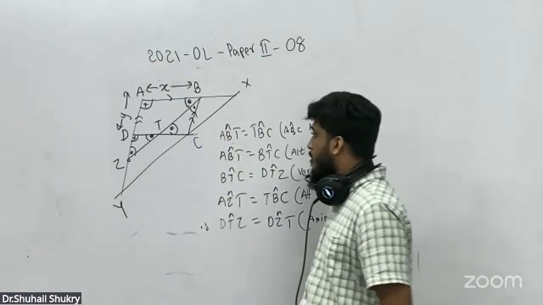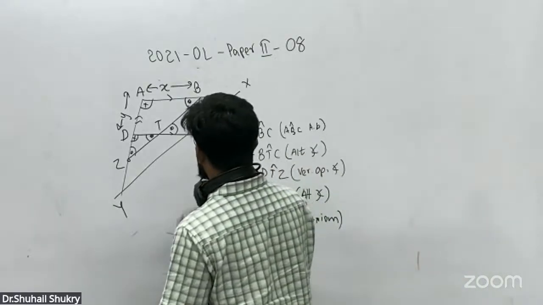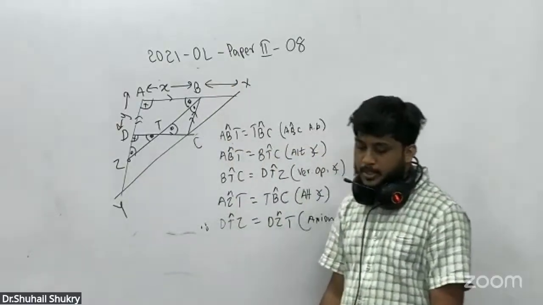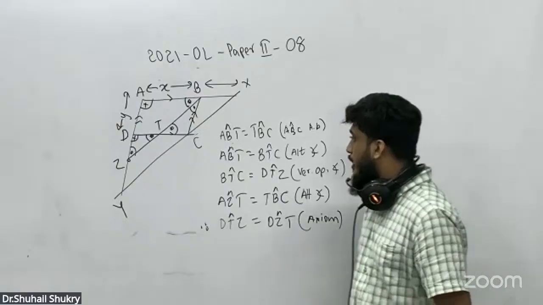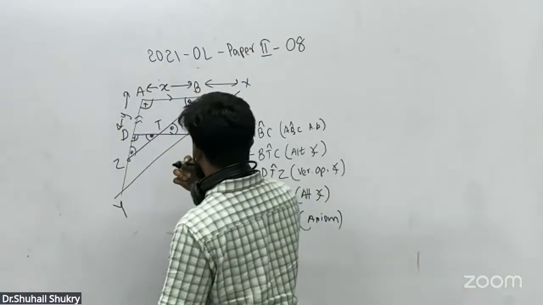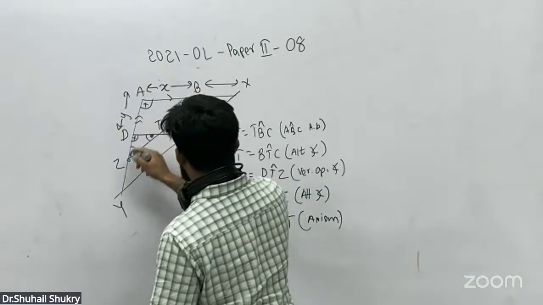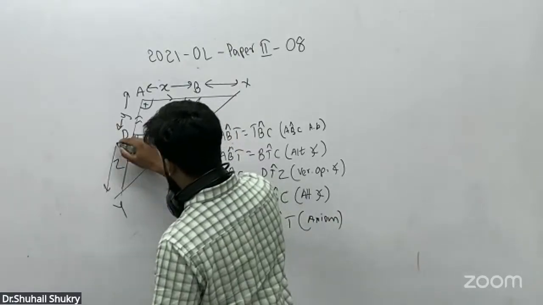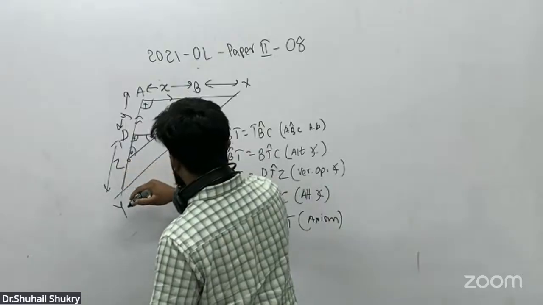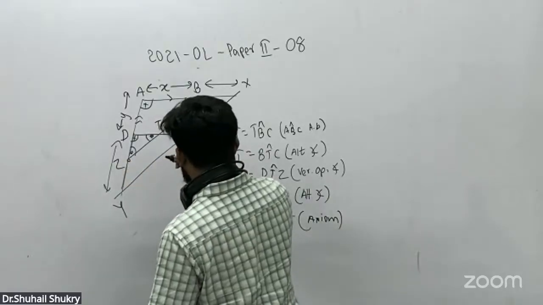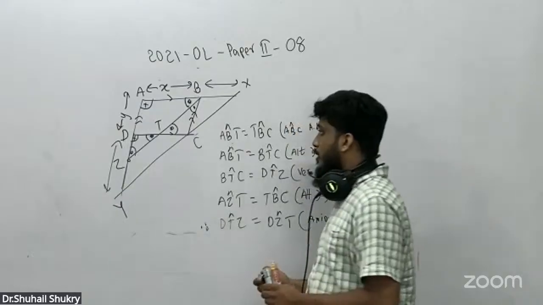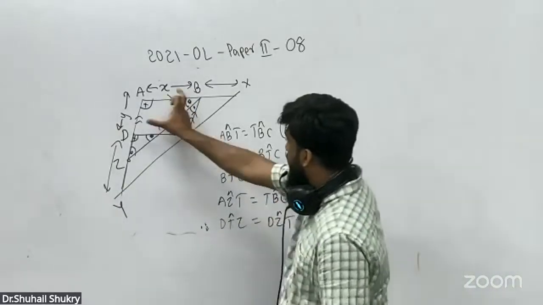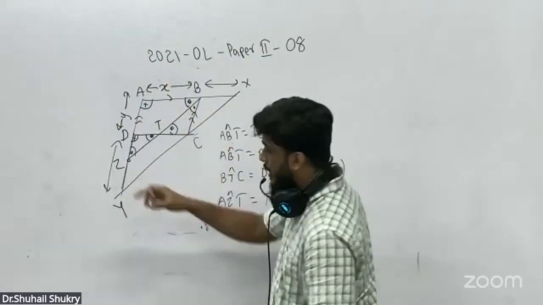What is BX? BX is here. And DY. What is DY? This one. Now this is only what they have asked us to prove. They have asked us to prove these two's addition is equal to these two's addition.